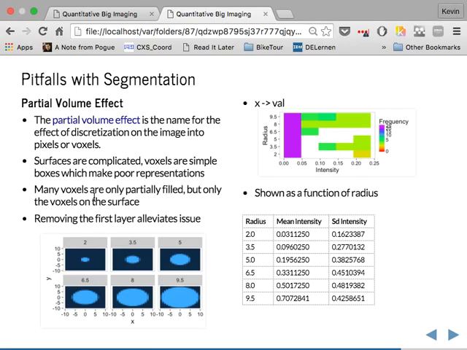Of course, if all of your features are perfect squares and they're aligned with your imaging plane, then you can describe them well with voxels. But as soon as you have real features or unsmooth surfaces or spheres, it becomes very challenging. For small objects in particular, this is a much larger problem than for larger objects. If you have a huge object, the fact that you're making it up with tiny little squares doesn't make that much of a difference.